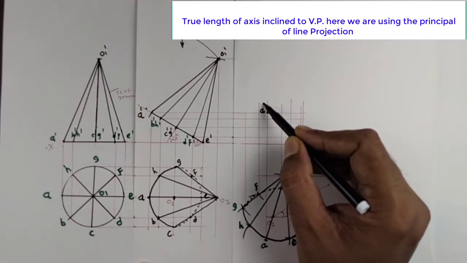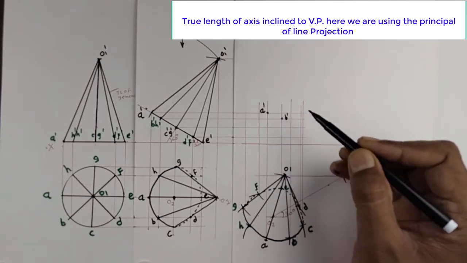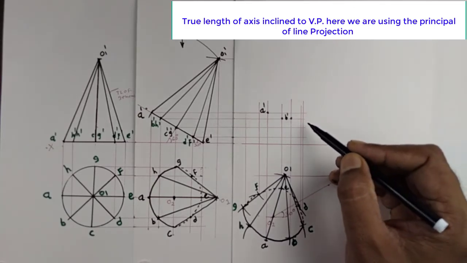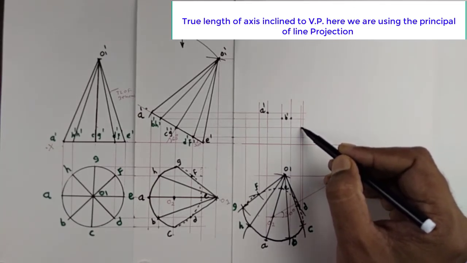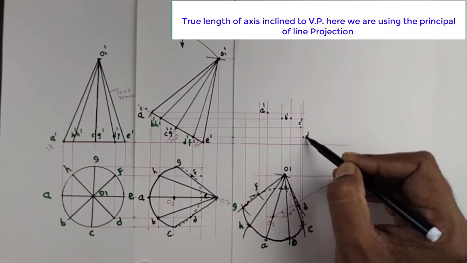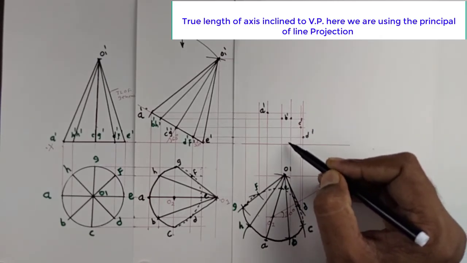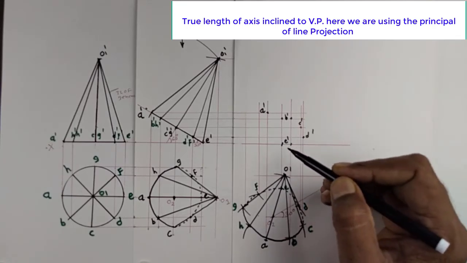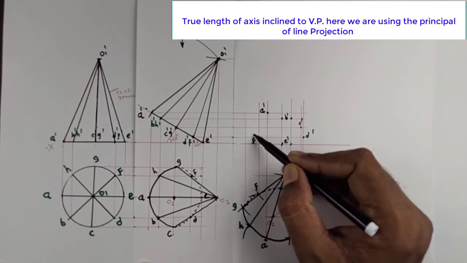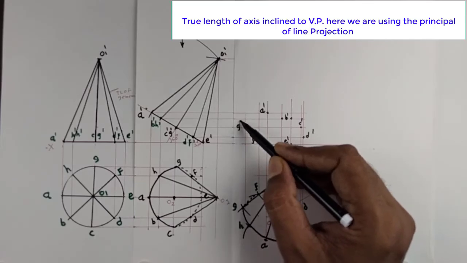This is your A dash, then it is your B dash, this is your C dash, it is your D dash, this is your E dash, it is your F dash, this is your G dash.